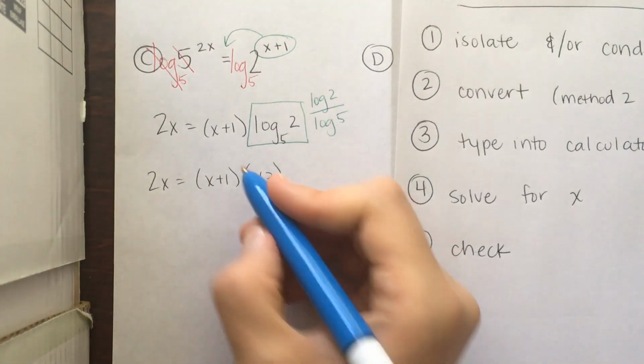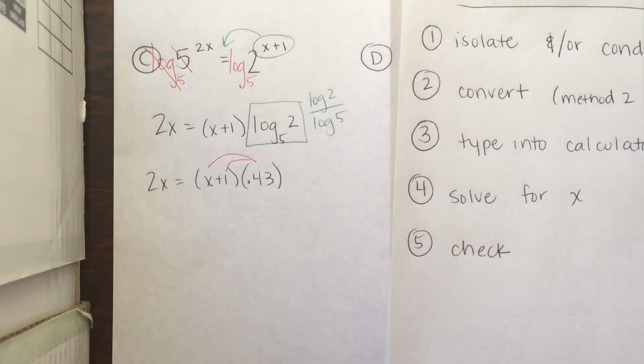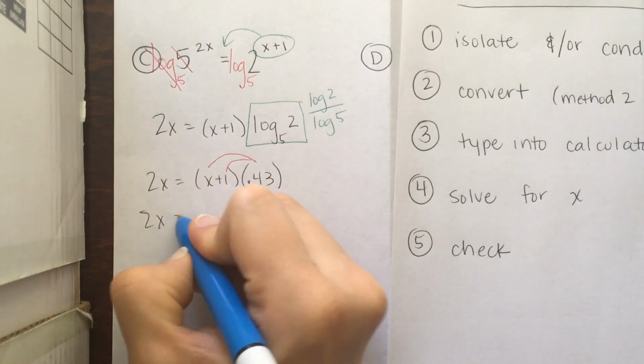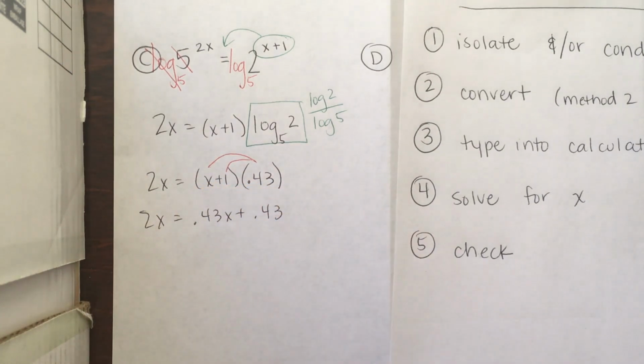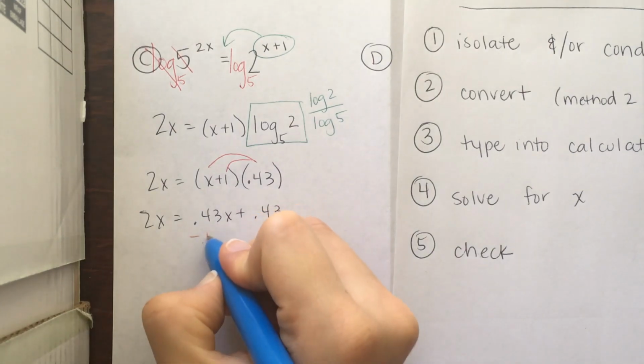That means I need to distribute, move all of my x's to one side of the equal sign.